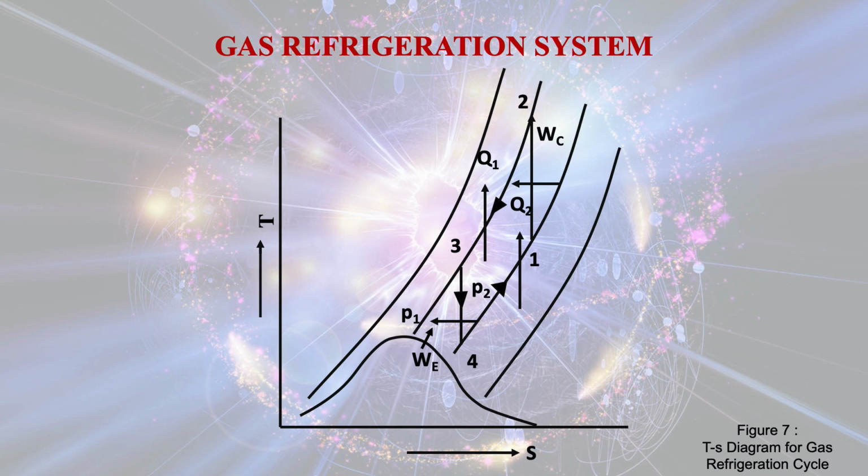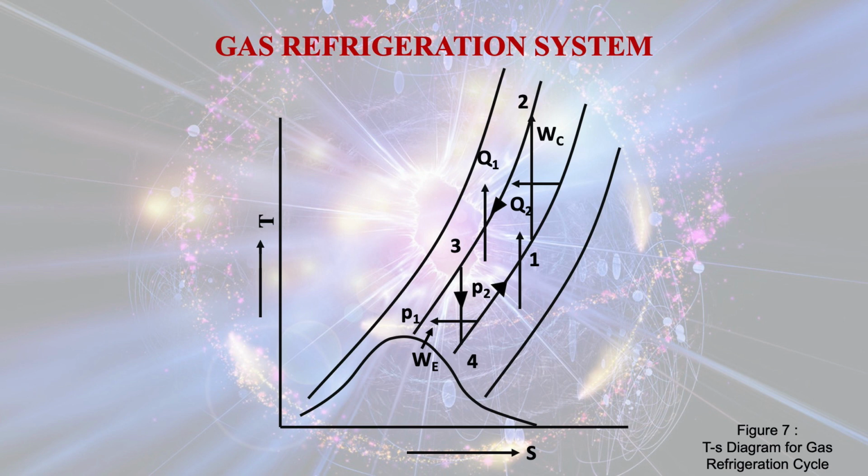So WT is the work done by the turbine, and from 4 to 1 heat is being extracted from the confined space which is to be cooled, and 1 is the entry point of the compression. From 1 to 2 the compression of air takes place, and here WC is the work done for the compression process, and 2 to 3 again the heat is given out to the surrounding.